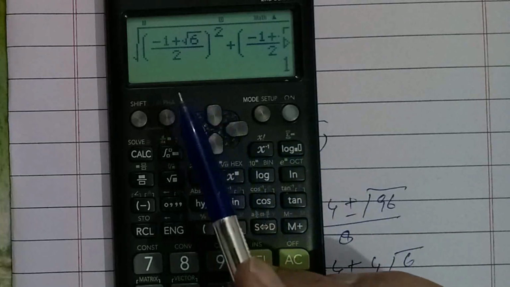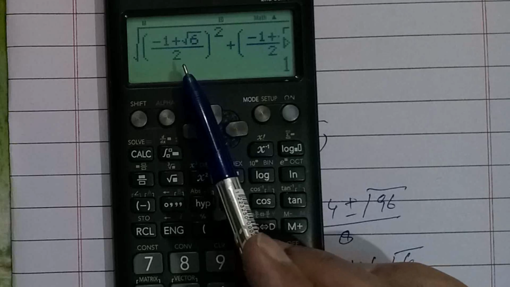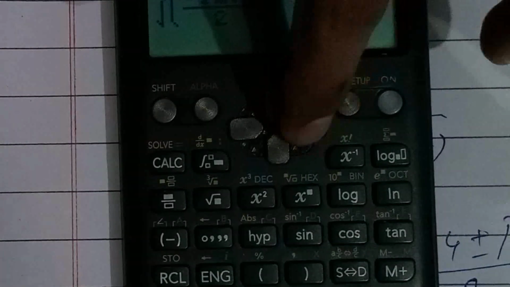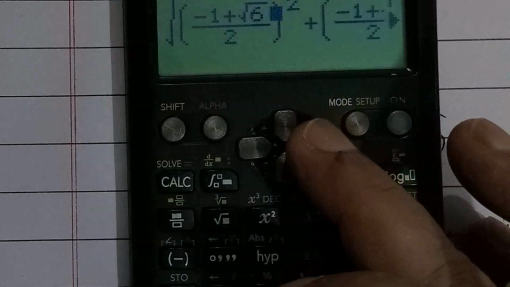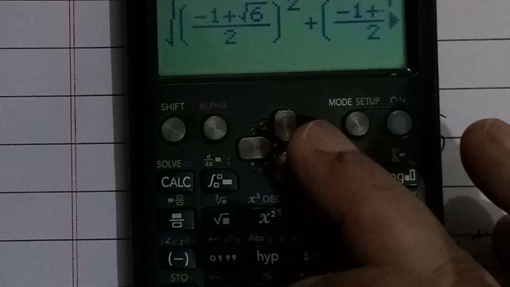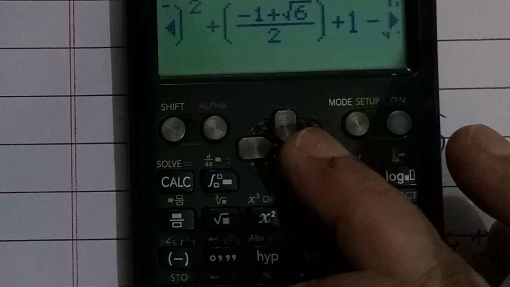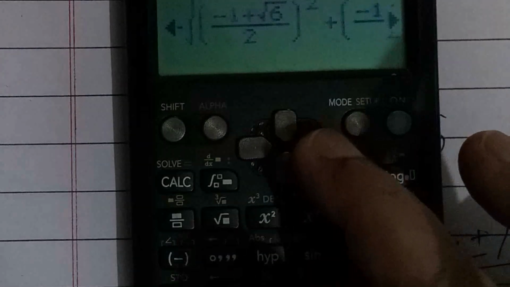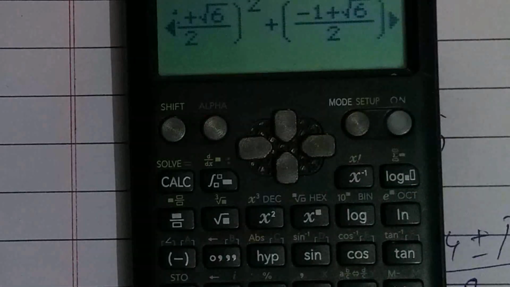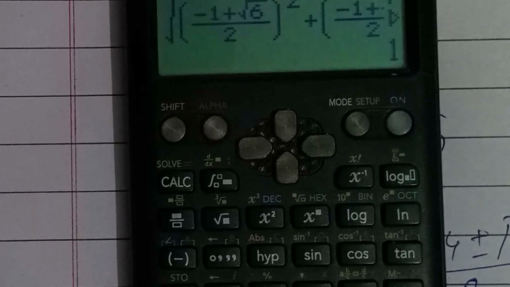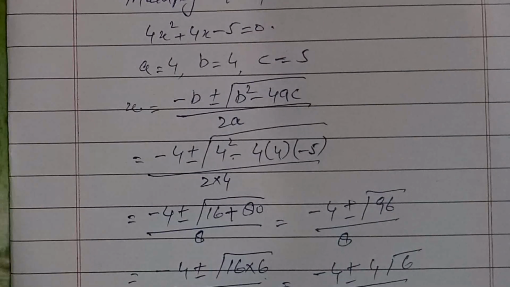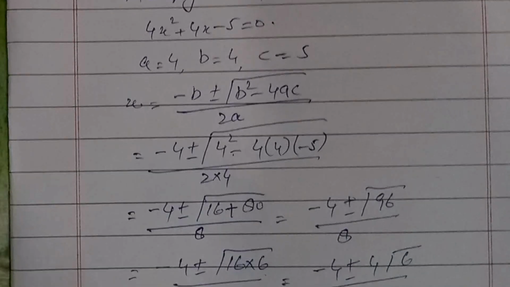Now we put these values of x, x square plus x, is equal to minus 1 plus minus square root 6 over 2, which is our answer of question 9.